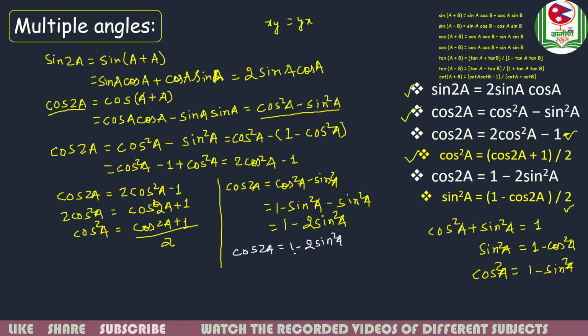And now again we will write 2 sin square a equals 1 minus cos 2a. As it is plus here, on changing the side it is going to be minus, and this is negative, so it is going to be plus. And so we will write sin square a equals 1 minus cos 2a upon 2. So we have also derived it this way.